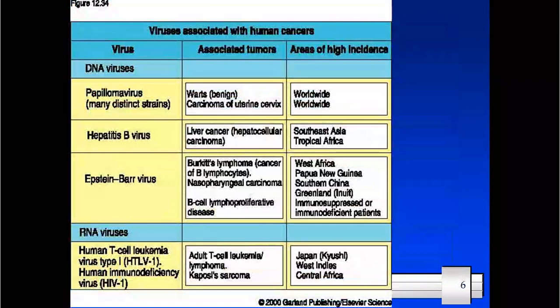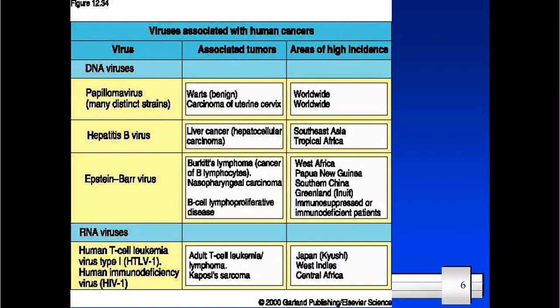Here is another table about other examples of viruses associated with human cancers. We have several types, and some may be repeated here: the papilloma virus, which causes warts and carcinoma of the cervix.